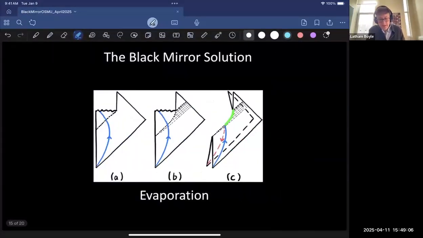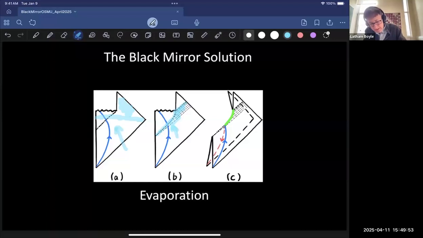So what about if we take evaporation into account? So here is the normal diagram that people draw to describe an evaporating black hole. Roughly speaking, this region is before the black hole has evaporated, and then this region up here is supposed to represent after the black hole has evaporated. So here I've drawn it a bit more in detail to show how that can happen. We see that if effectively the horizon curves up a bit, then radiation can gradually escape from the horizon, and that's why the black hole is losing mass.